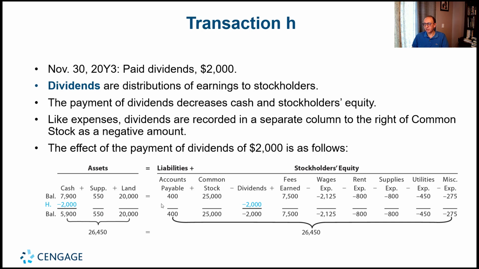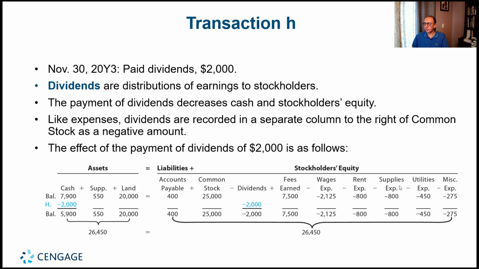We have accounts payable, which is the only liability we have for this business, and then we have common stock, which is our equity, minus dividends, which reduces the common stock, or it reduces the equity. And then we have the fees earned, which is a revenue, which increases your equity, and all the expenses also reduce equity.